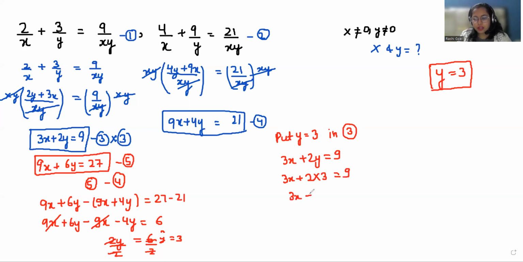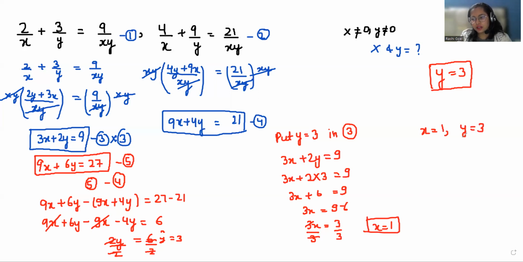So 3x plus 6 is equal to 9. So 3x is equal to 9 minus 6. 3x is equal to 3. And I'm going to divide both sides by 3. So x is equal to 1. So the value of x is 1, whereas y is 3.